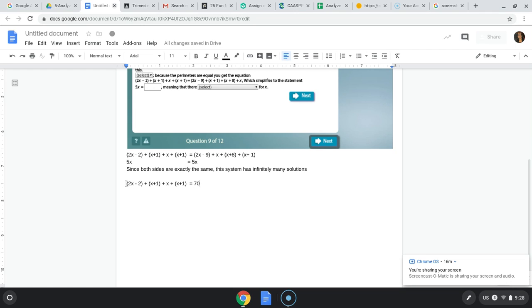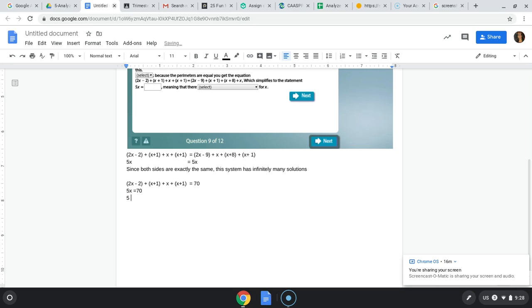Once again, we combine all variable terms first, 2x plus x plus x plus x. That gives me 5x. And we already learned that the constants will cancel each other out. -2 and +1 cancel each other out. So we get 5x equals 70. Now we have to divide both sides by 5 to leave the x alone, because the x is being multiplied by 5.